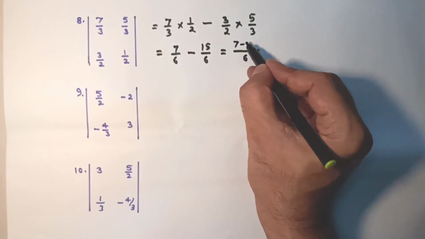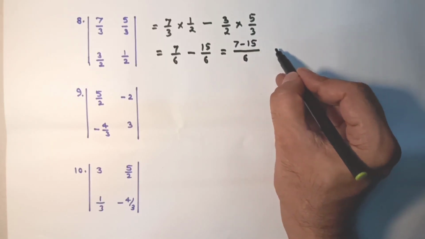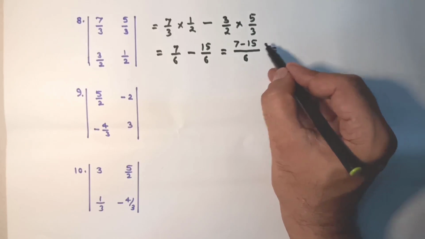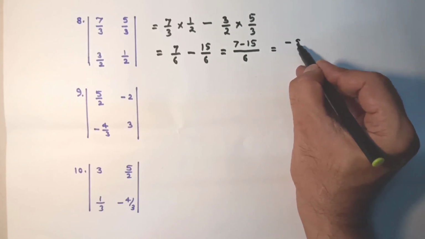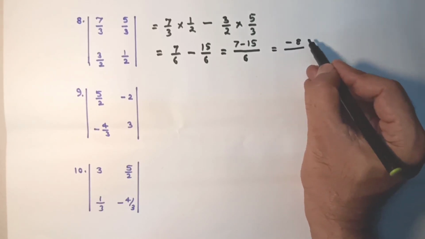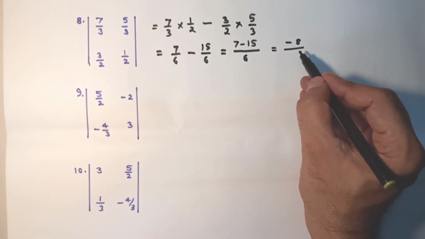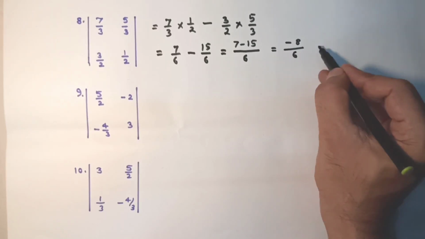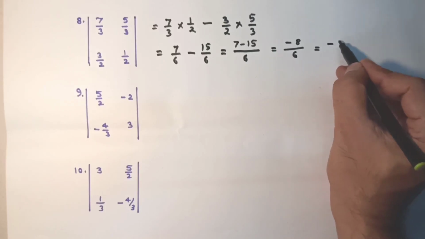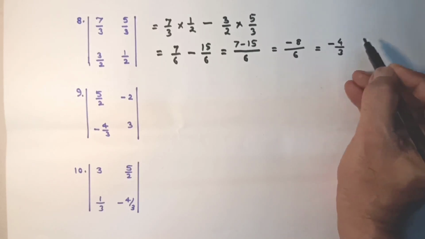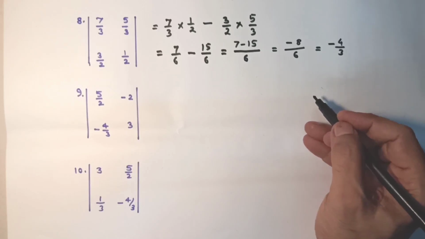So 7 minus 15, which will give you minus 8, because 7 is small and 15 is big. You are subtracting bigger number from smaller number and upon 6. Simplify further, you will get minus 4 upon 3, which is your answer.